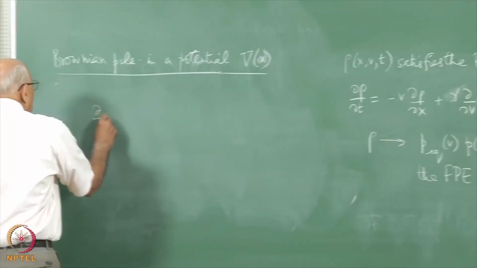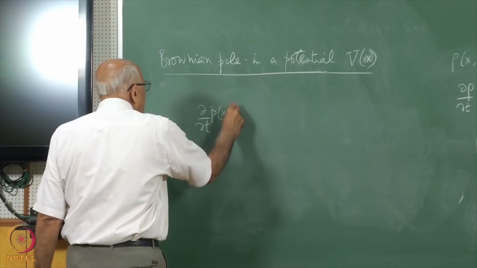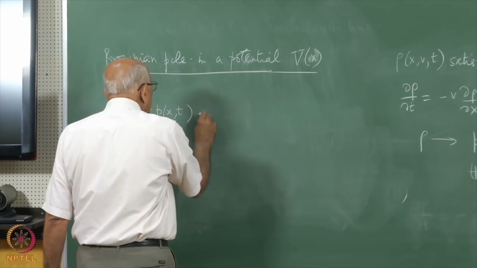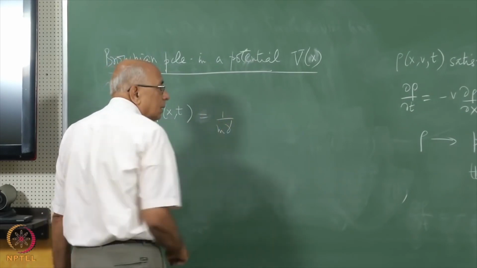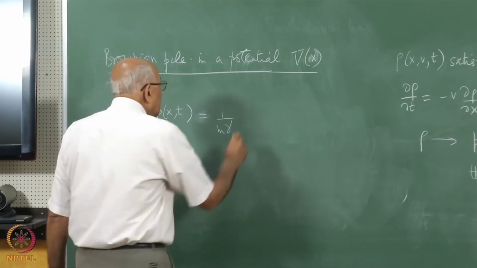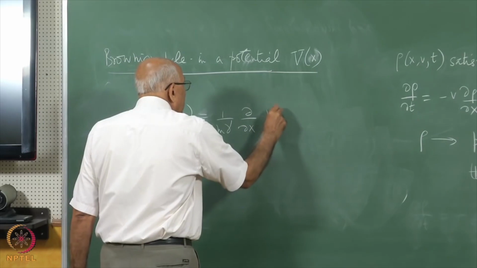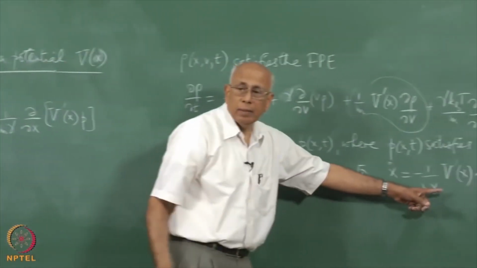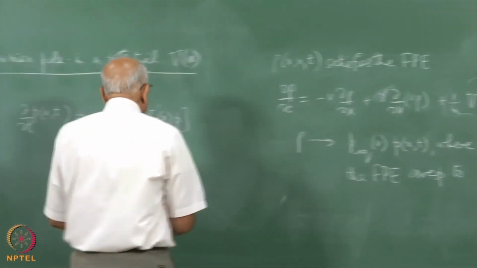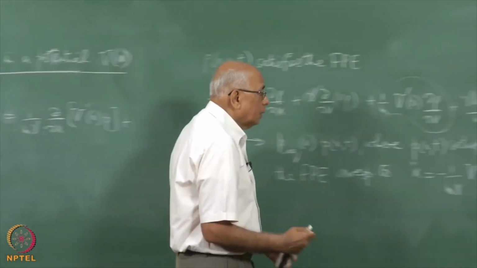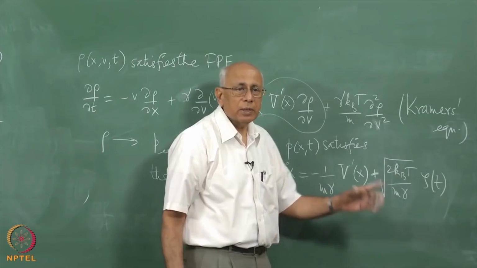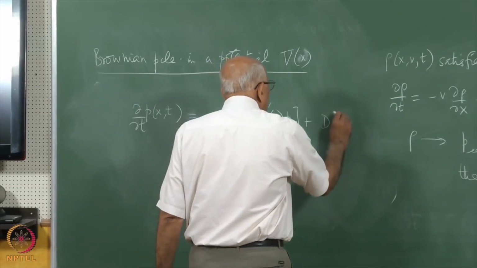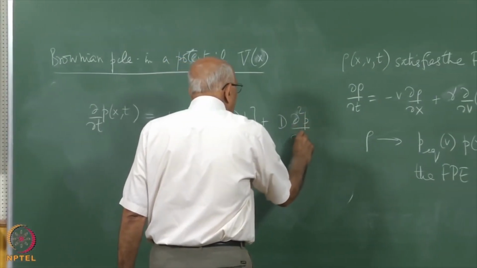In other words, delta over delta t of p of x comma t should be equal to, with a minus sign, so that goes away, and then you have 1 over m gamma sitting here, d over dx now of V prime of x times p, because that is inside, you can't do anything about it, right, plus the second derivative, half of the square of this, which is kT over m gamma, but that is just our old friend D, plus D times d2p over dx2.